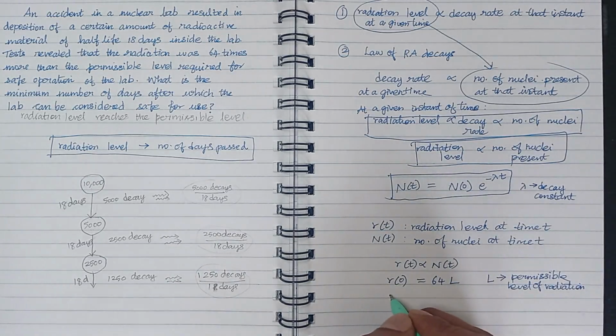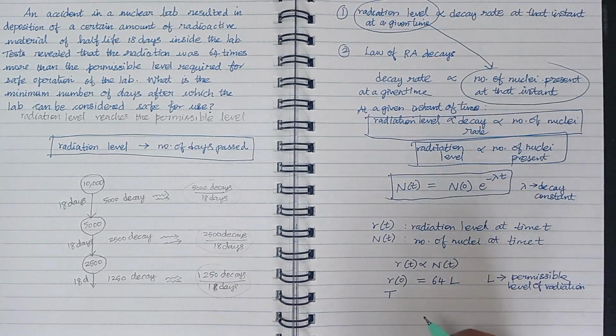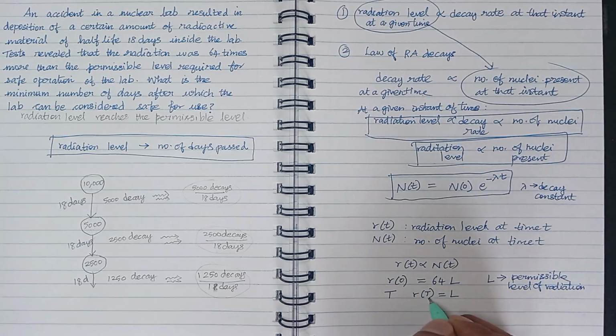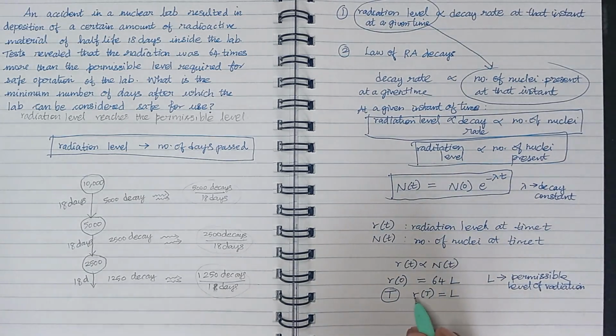And let us say after a time period of T, the radiation level reaches the permissible level, that is, radiation at time T is L, and we need to find T. This is actually the problem. We need to find the number of days after which the radiation level reaches the safe, permissible level. That means r of T equals L, and we need to find T. For what value of T will r of T be L?